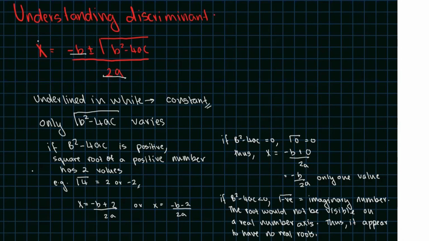Basically, the root would not be visible on a real number axis, so it doesn't appear to have any real roots. However, if you draw an axis that considers imaginary numbers, the graph will cut the x-axis. But right now, since you're only dealing with real numbers, it doesn't cut the x-axis.